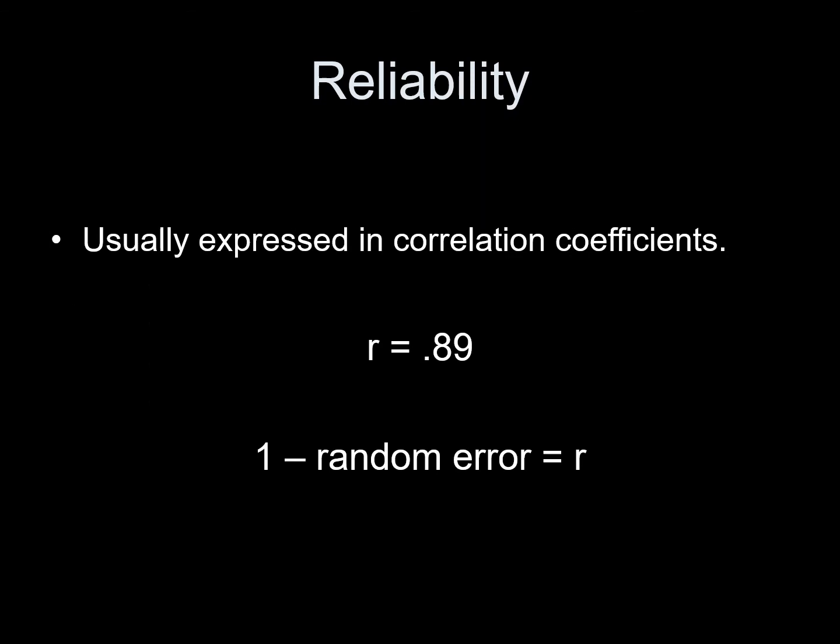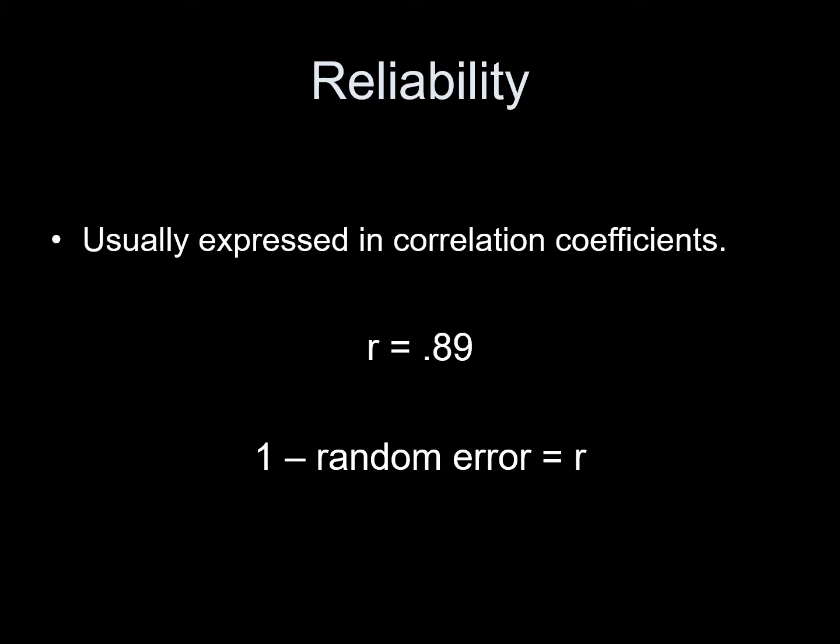Now, reliability is usually expressed in correlation coefficients. So this is very similar to Pearson's r, as you guys remember. Now, why is it expressed in r?